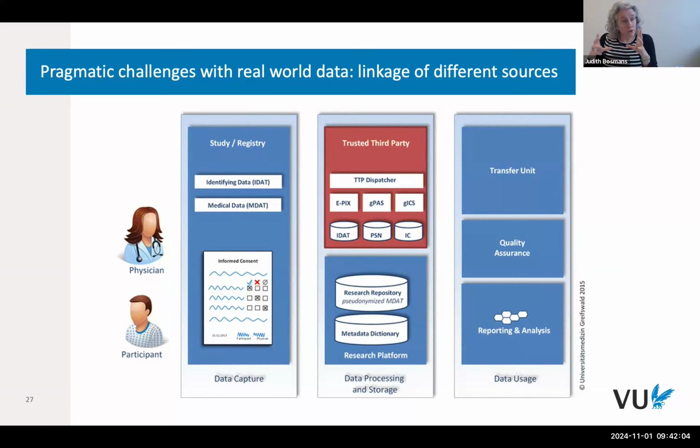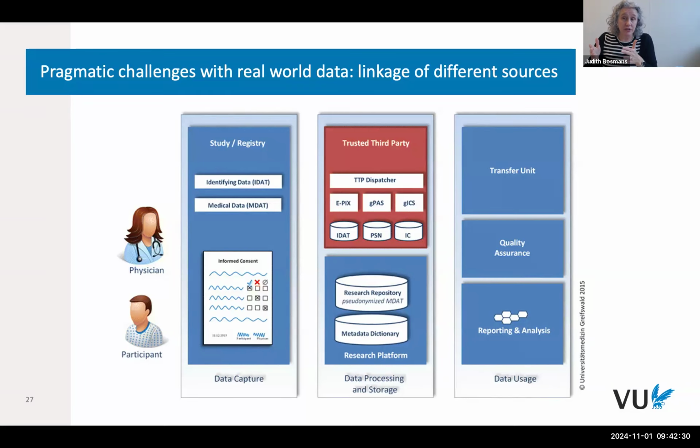So it's very difficult to link these different types of data sources that we have available. And I know that in Brazil, it's, I think, a bit more easily possible, but still it's very difficult there as well to link different data sources together.